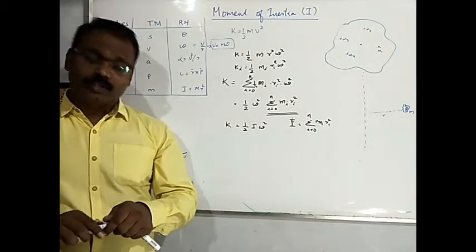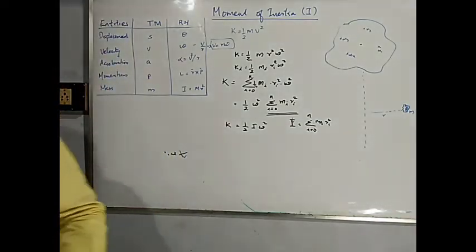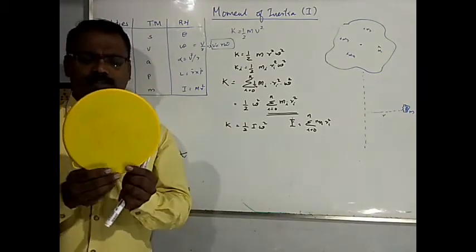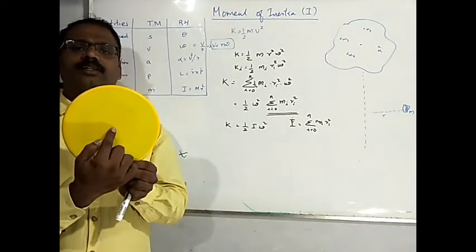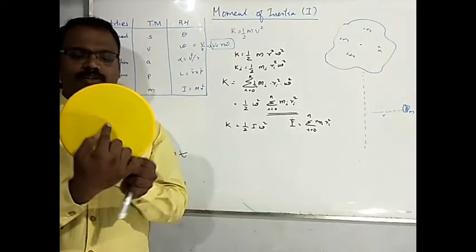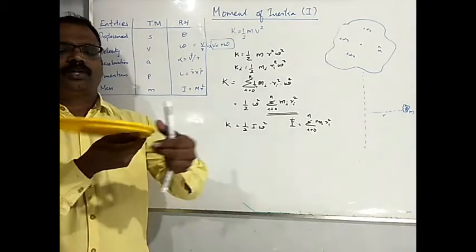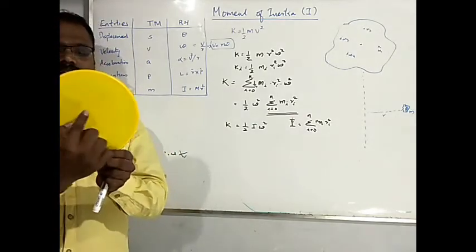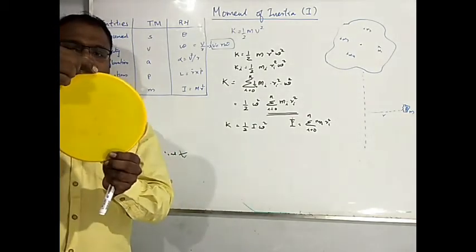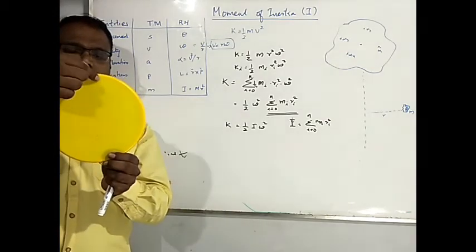Now we are going to take an example. In the case of circular objects like this, this is a circle. Suppose you take this point, this is the center, which is the axis of rotation as the object rotates like this. This is the radius of the object.